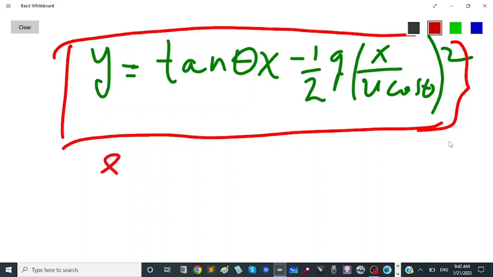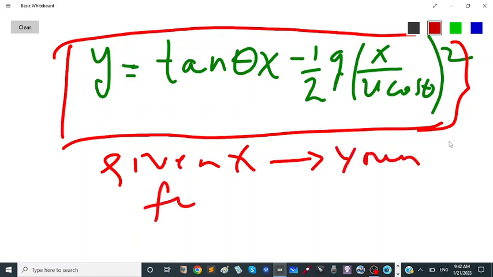Given the x position, you can find y by this formula. So if the angle theta, or phi, is known, and x is known, g is known, we can determine the position of y at any x position.